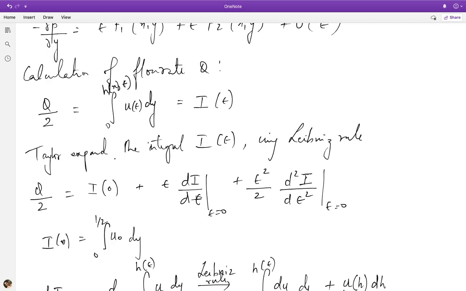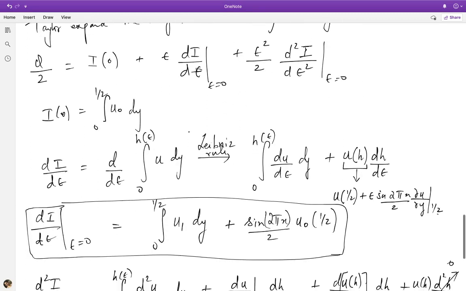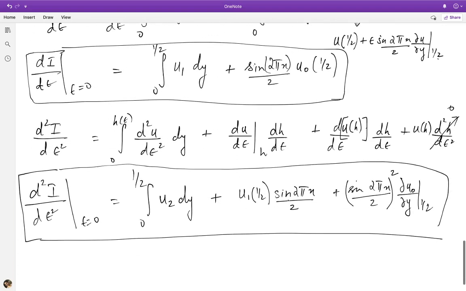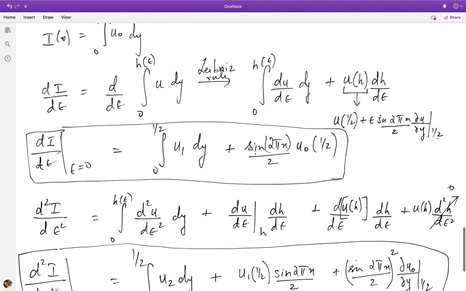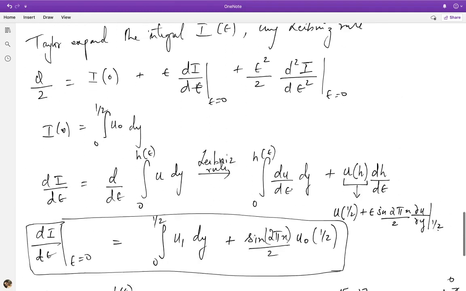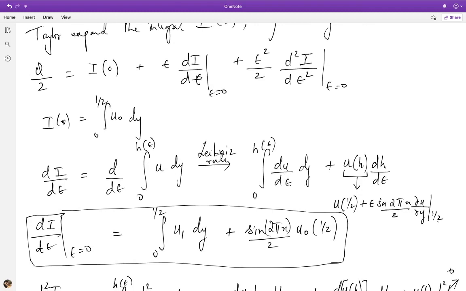But that would be wrong, because that is only part of the flow rate. It only accounts for these terms here, the first integral terms. You will be missing out the contributions from these boundary terms, which can only be accounted for correctly if you use the Leibniz rule, which respects the fact that the limits of integration themselves are changing with epsilon.